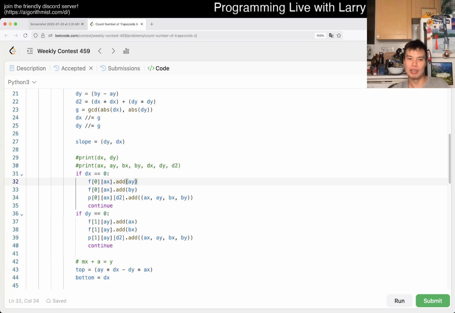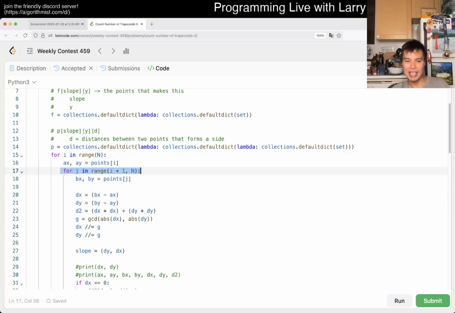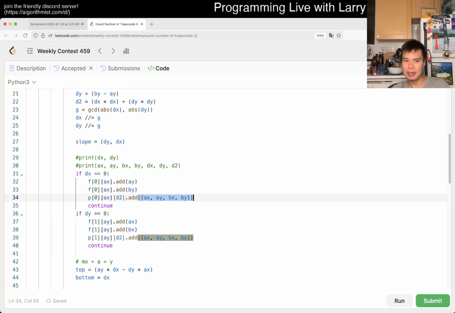Because dx is 0, ax is equal to bx, so I just take ax, and then ay and by are the 2 unique values, and put them together. And here for the parallelogram part, we just keep track of the line. I think in this case this could actually be a counter, because the way that we construct for i, for j, this should not have a dupe, unlike this thing.